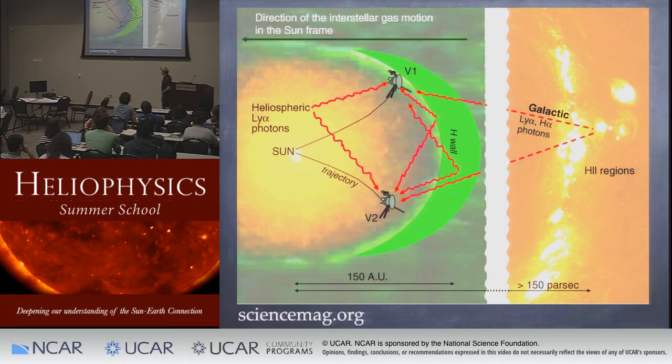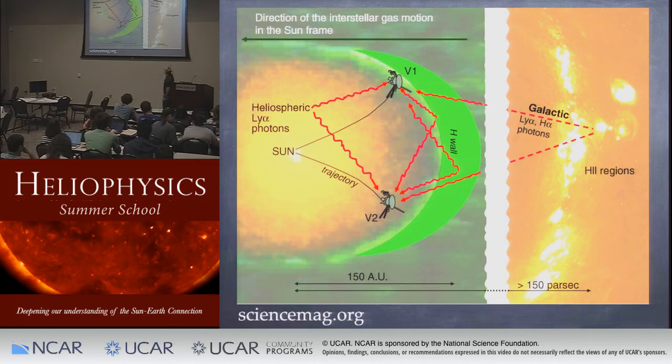So we have a region with a large density of high energy neutral hydrogen that we can actually observe. The IBEX mission tried to produce a global view of the heliosphere by looking at the emissions from these hydrogen atoms. It's called ENA, energetic neutral atoms. Okay?